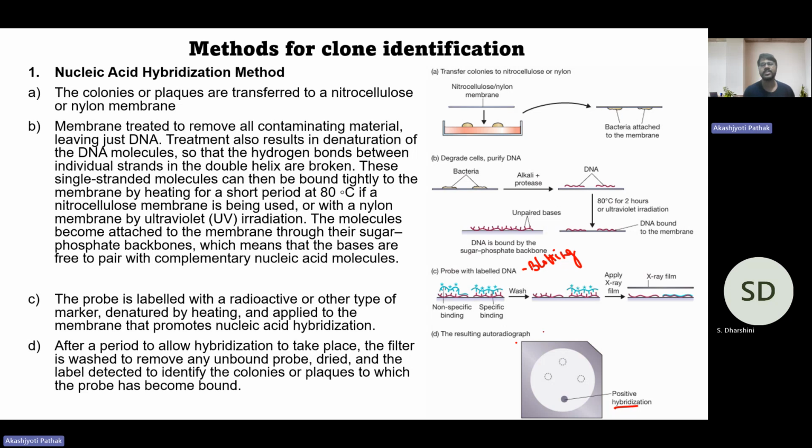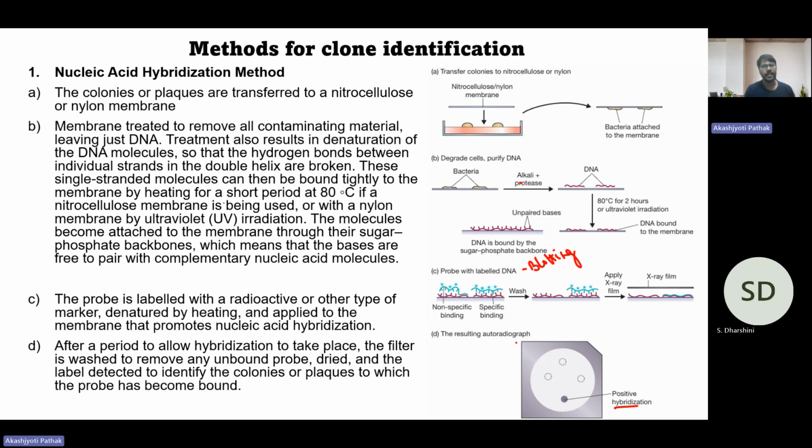I hope you understood the steps. All these things are mentioned in the text as well, so you can go through the text. The colonies are first transferred to a nitrocellulose or nylon membrane. Here they have been transferred onto the nylon membrane. Then you treat the membrane with alkali and protease. Once you treat with alkali and protease, all the hydrogen bonds will be broken, so even your double-stranded DNA will get single-stranded.